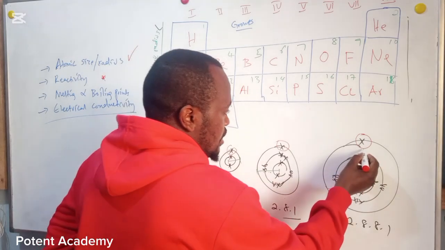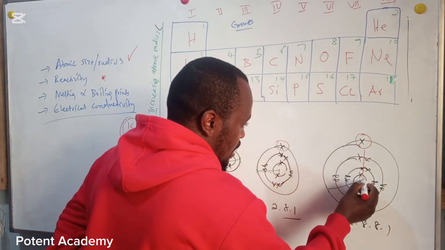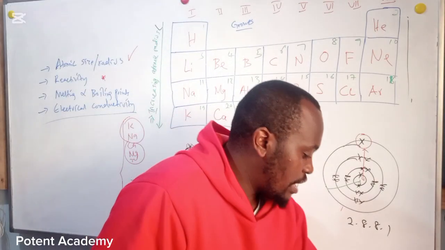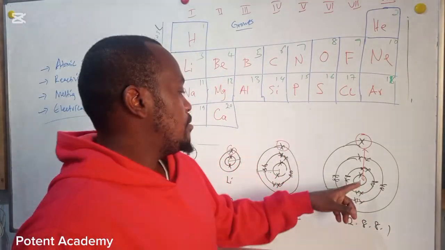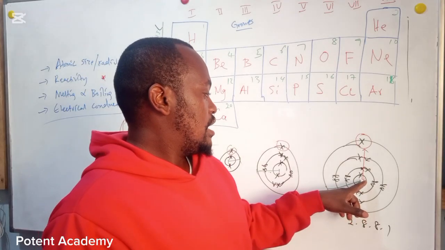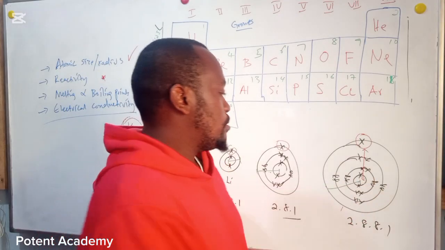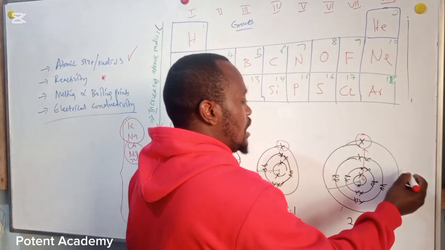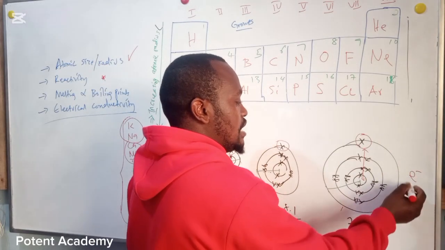Now, these electrons, as we had said in the other video, are held together by attraction of nuclear charge, or nuclear attraction from the positively charged protons. So positively charged protons attract negatively charged electrons.